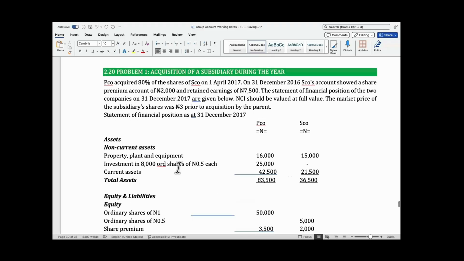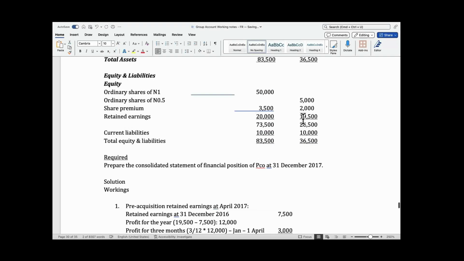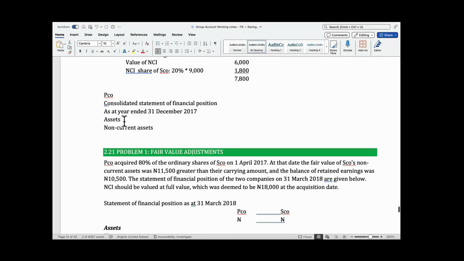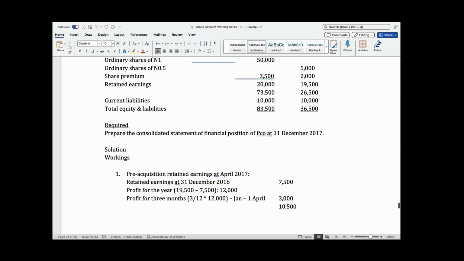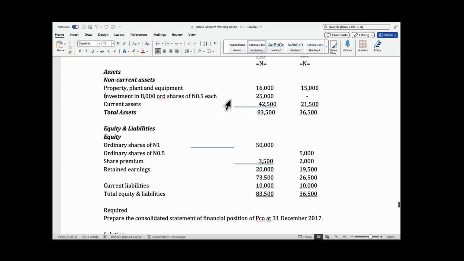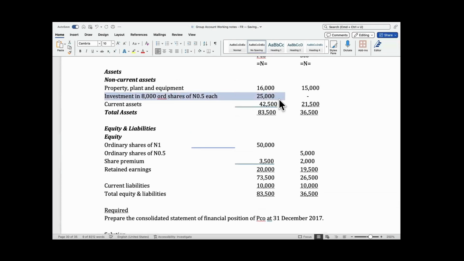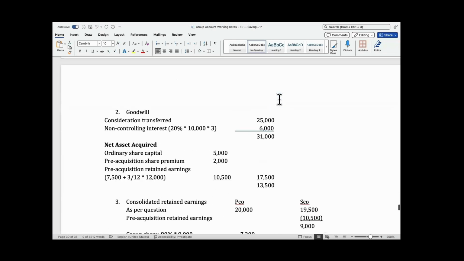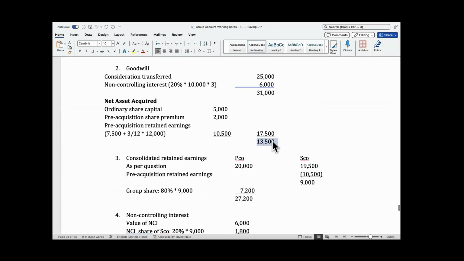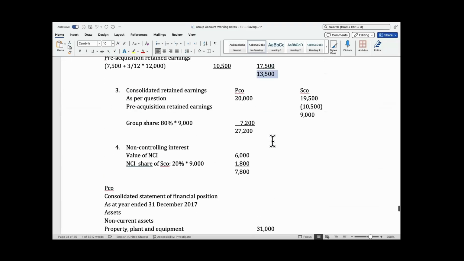What's the first item here? PPE. This gives us how much? 31,000. Then the next item, investments. Goodwill of 13.5.